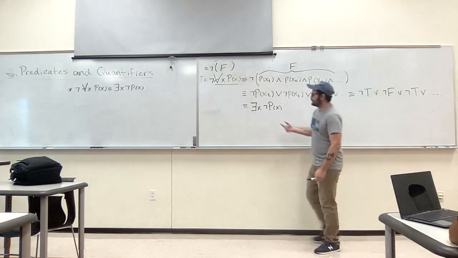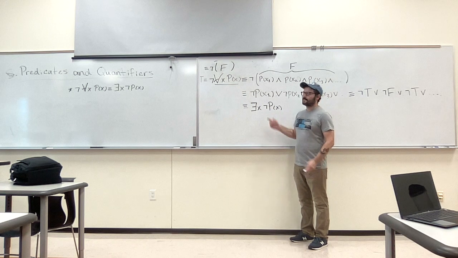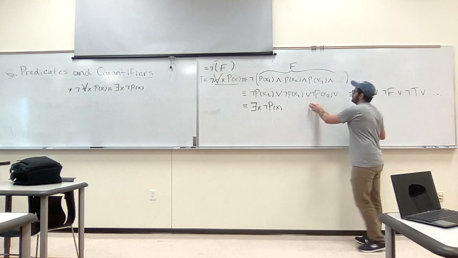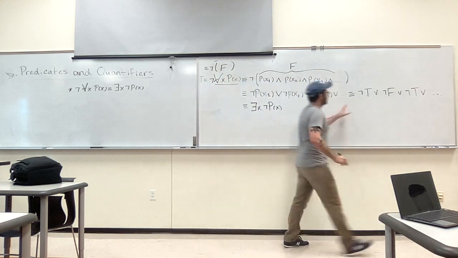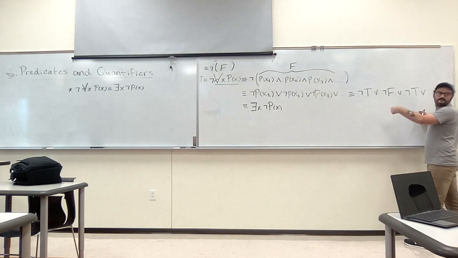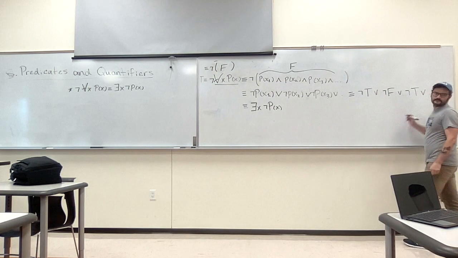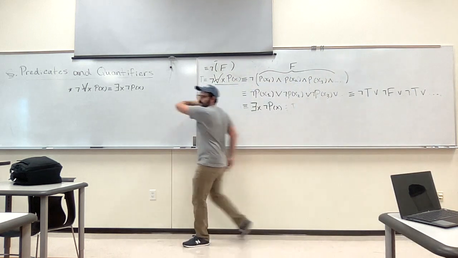So look at what this is saying. There exists x such that not p of x. Right? There exists one of these, negation is true. So then this thing would be true on this side, which matches up with that side.